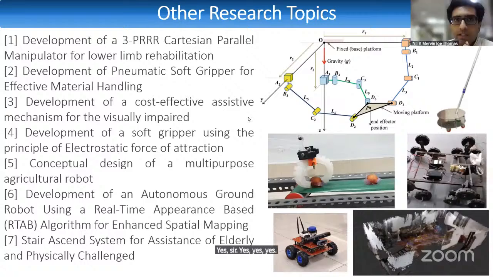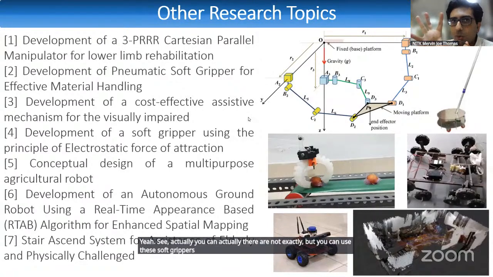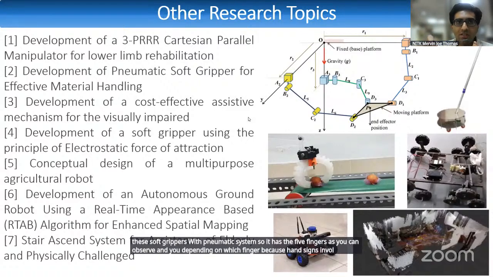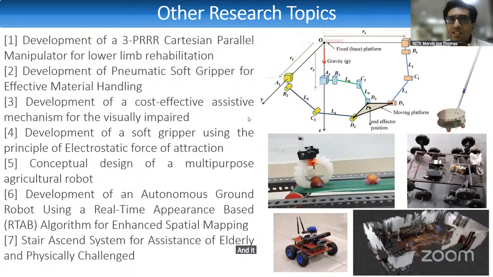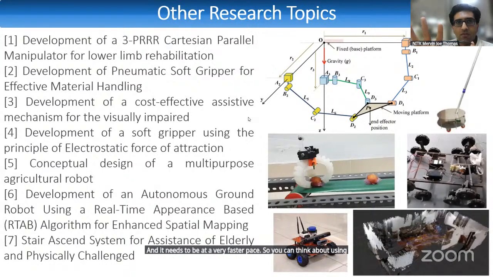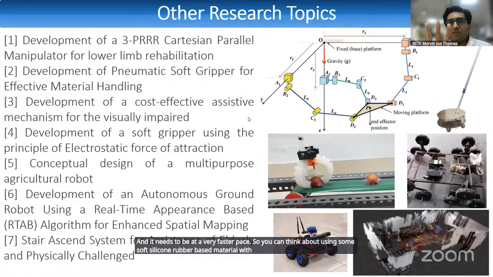See, not exactly, but you can use these soft grippers with pneumatic systems. It has 5 fingers, as you can observe, and depending on which finger, because hand signs involve certain motions and need to be at a very fast pace, you can think about using some soft silicon rubber based material with provision for the air to move through.